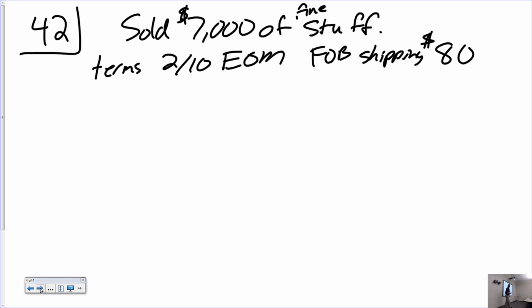All right. So the last of it is if Forrest pays the invoice on June 8th, what will Forrest pay? What was the invoice date? The invoice date was May 14th, I think?